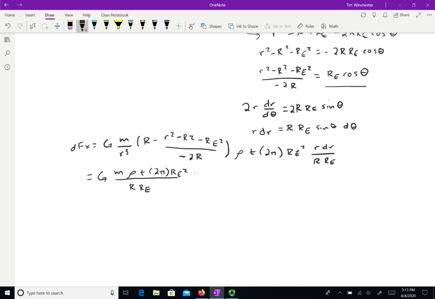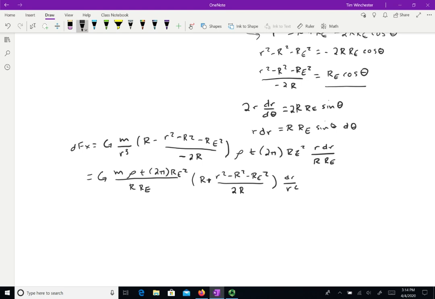Then I have the stuff in parentheses, so r minus r squared minus capital R squared minus R_E squared over, and I'm going to take that minus sign and combine it with that one to make this a plus, and have 2r on the bottom. And then I'm left with an r dr on top and r cubed on the bottom, so I'll just have dr over r squared. So that's a little bit cleaner than what I had a moment ago.